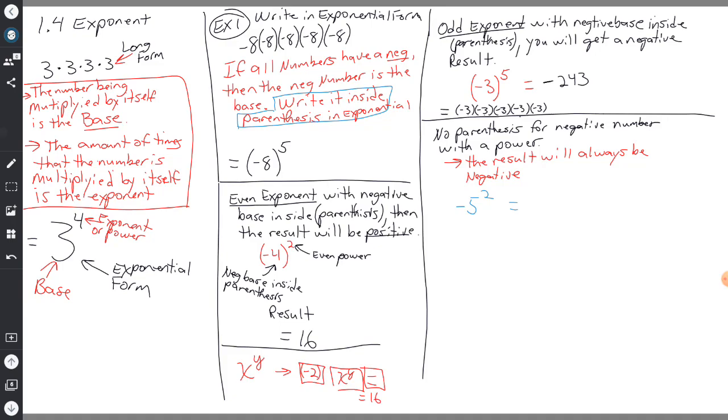The way that this would look in long form, actually let me put a 4 here. The way that this will look in long form, if we were to write it out, the base will actually be positive.